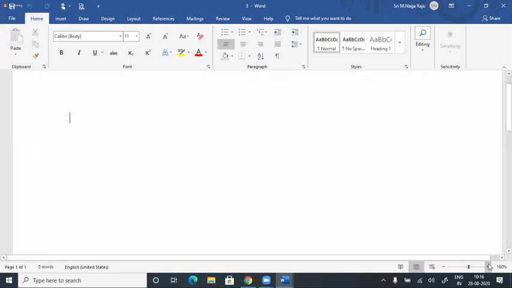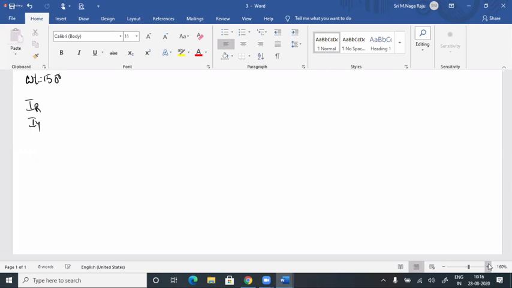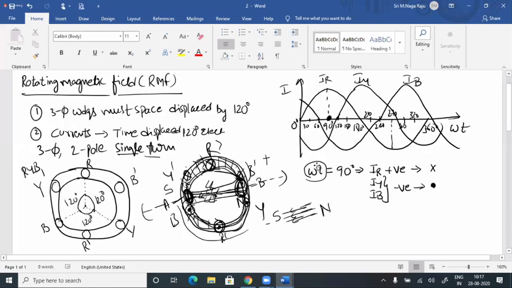At omega t equal to 150 degrees, tell me what the current directions are, which is positive, which is negative. Here IR and IY are positive, IB is negative.